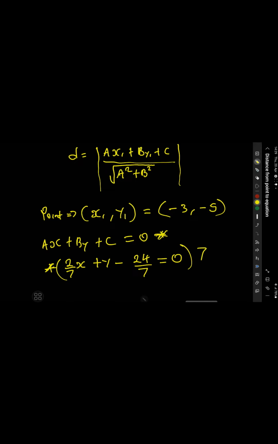So we end up having 2x plus 7y minus 24 is equal to 0. This looks better than this, so we can work with this expression and this point to replace in our given equation. So let's do it now.